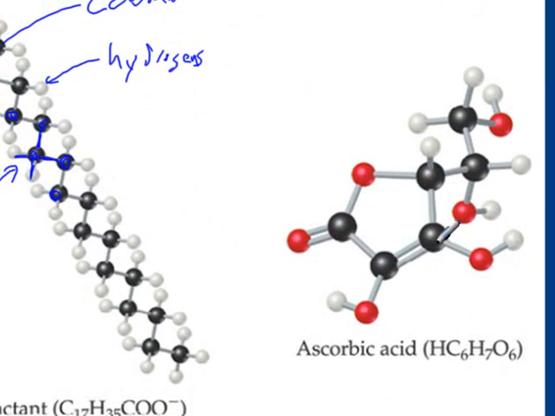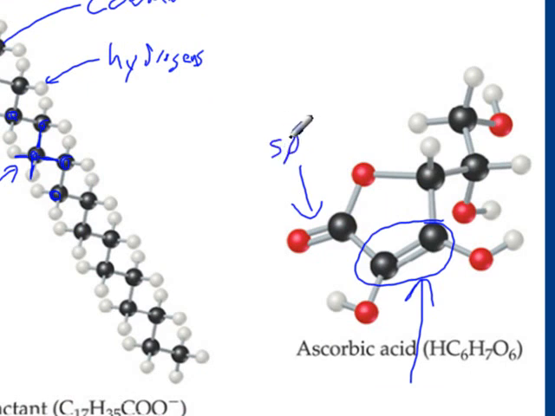The last thing I want to point out here is another way you can use structure to determine the hybridization scheme: if you see a double bond, then what that means is that you have atoms that are sp2 hybridized. And it's consistent with our last definition. 1, 2, 3 bonding regions for this carbon, 1, 2, 3 bonding regions. The 3 bonding regions and the 1 double bond go hand in hand.